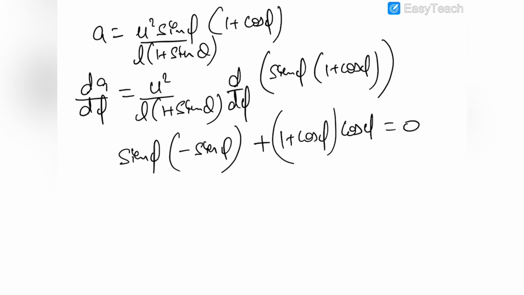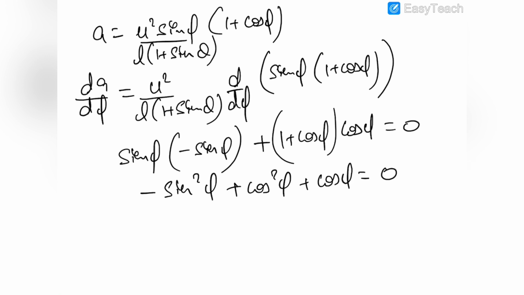So you can see that minus sine square phi plus cos square phi plus cos phi is equal to 0, and cos square phi minus sine square phi is equal to cos 2 phi, so cos 2 phi is equal to minus cos phi.